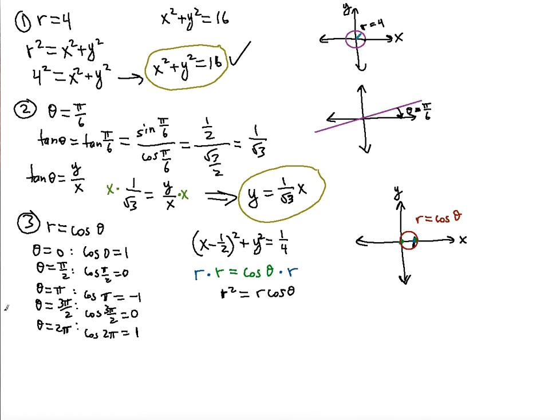So we're going to substitute r² = x² + y², and also r cos θ, we're going to substitute as x.